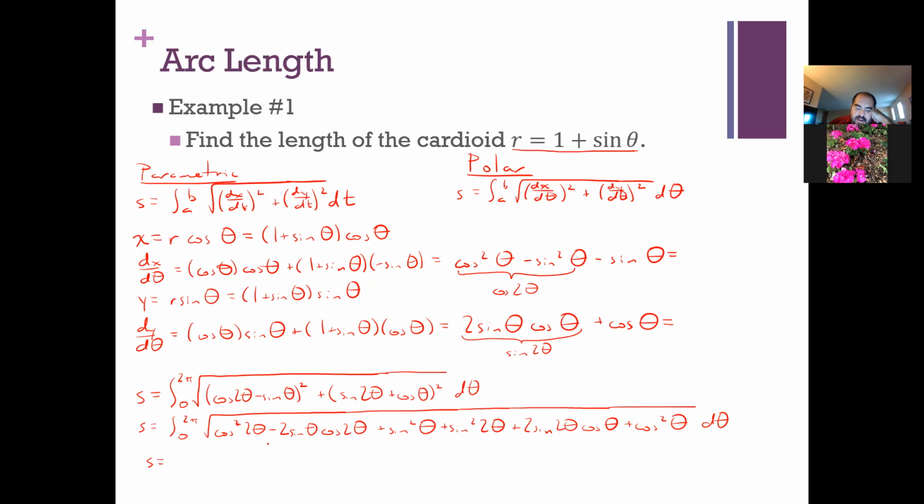I definitely have the Pythagorean identity a couple of times: cosine squared 2 theta plus sine squared 2 theta, and sine squared theta plus cosine squared theta.